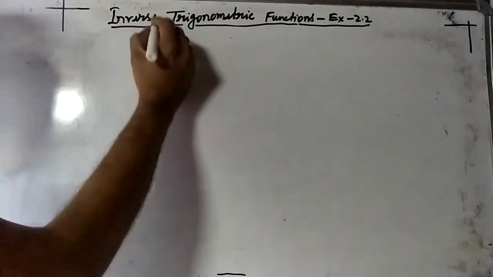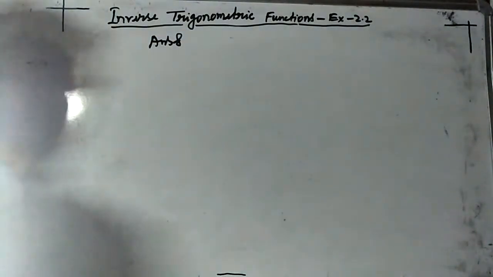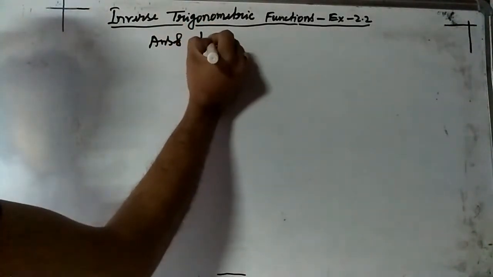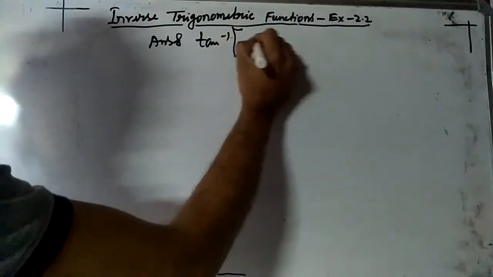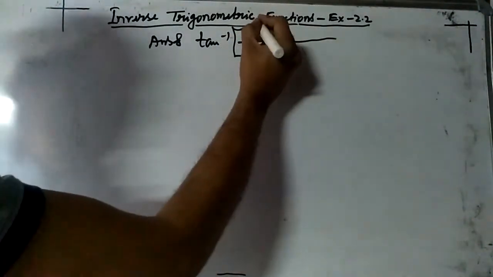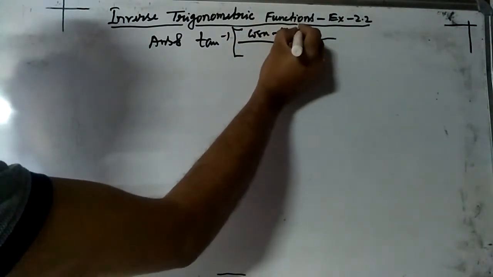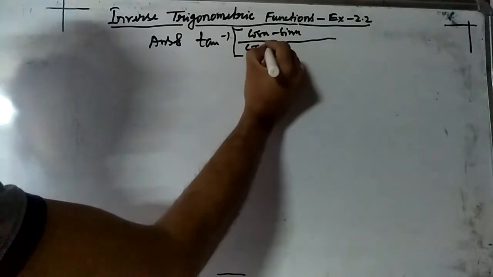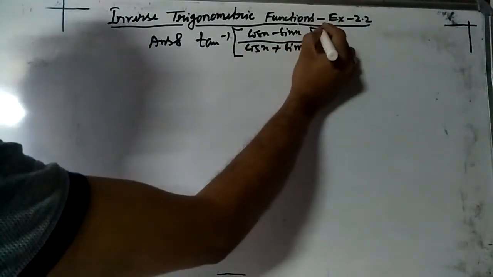Here tan inverse bracket cos x minus sin x in numerator, and denominator cos x plus sin x, right?